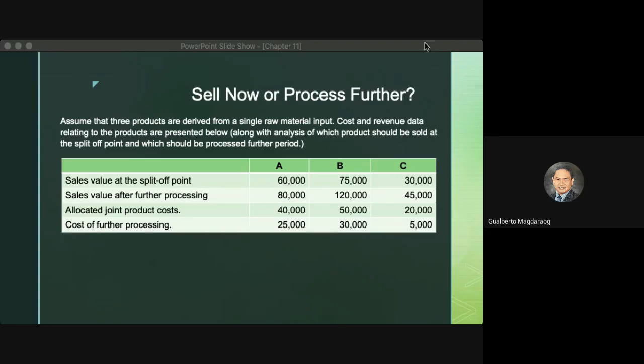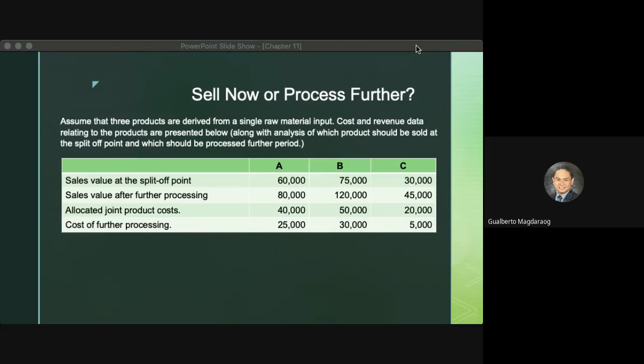Okay. Sorry, Don. I was just talking to someone. Where was I? If we process it further, its sales value will be 120,000. If we do not process it further, it is only 75. So our sales value will increase from 75 to 120, by 45,000.